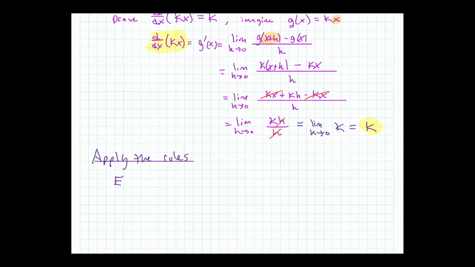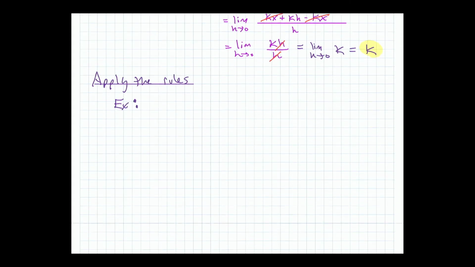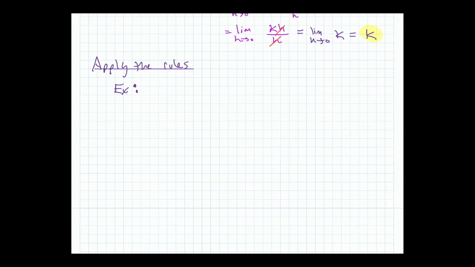Some examples. Example: let's just say f of x is 7x plus 6. Find f prime of x. Okay, so here's how this works. You want f prime of x. We're not going to write the definition anymore, okay?